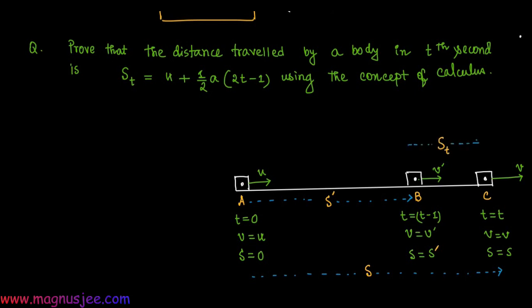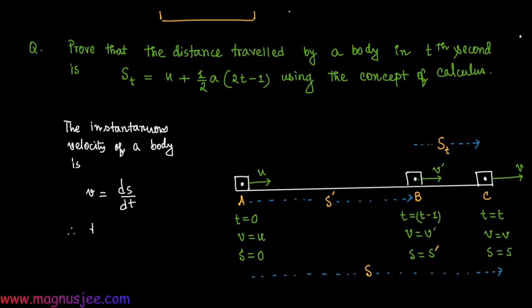Now we can denote s t, the distance traveled in the tth second. S t is the distance traveled by the body in the tth second, that is, in the last 1 second between B and C. Now the instantaneous velocity of a body is given by v equal to ds by dt.